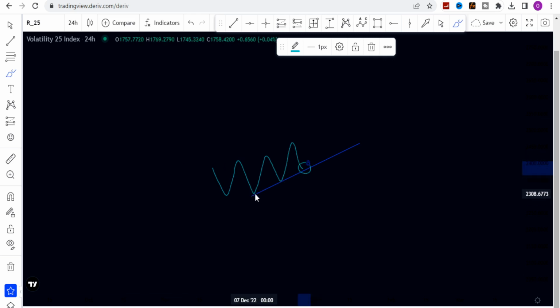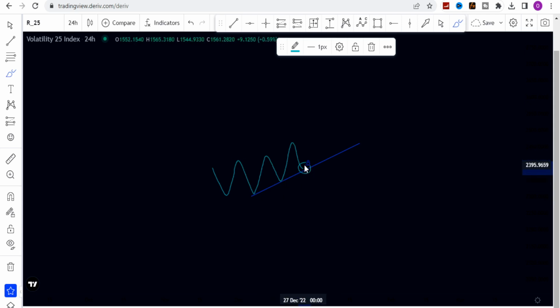Once you spot something like this, this is a perfect uptrend, guys. This is the first touch, higher high, higher low here, and higher low here, higher high here, and higher high, guys. Then it created a higher low, higher high, lower high, sorry, a lower high here.